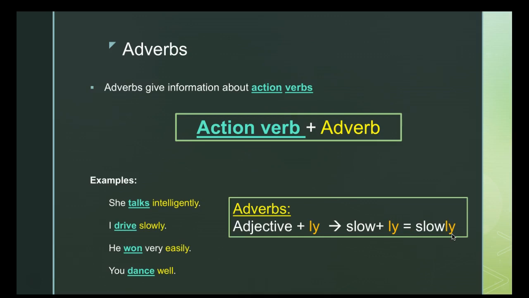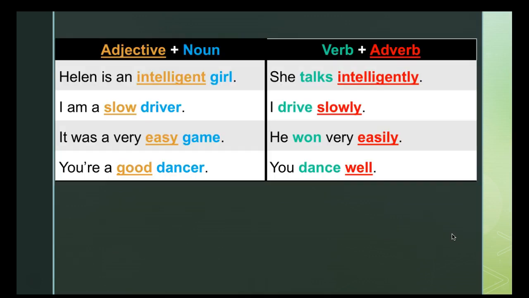Okay, great. Let's continue. So just to review, on the left we have the adjective plus the noun sentences, and you can compare these to the sentences on the right, which include the action verb and the adverb. So we would say Helen is an intelligent girl, or we could say she talks intelligently. I am a slow driver, or I drive slowly.